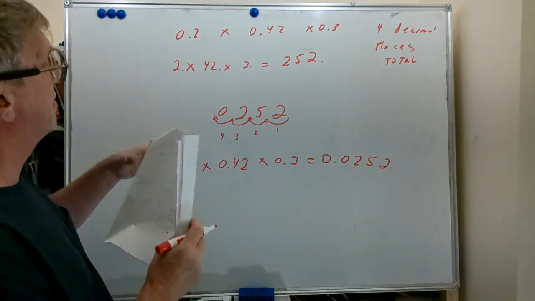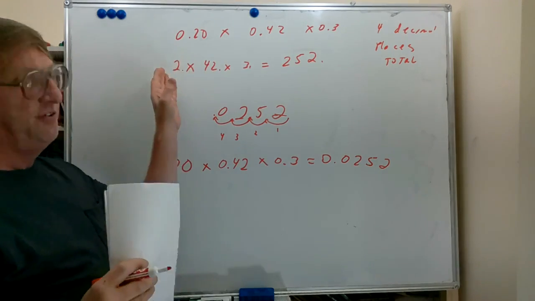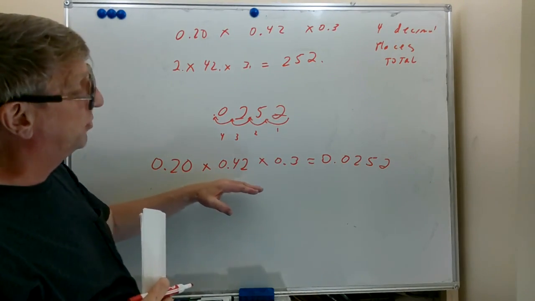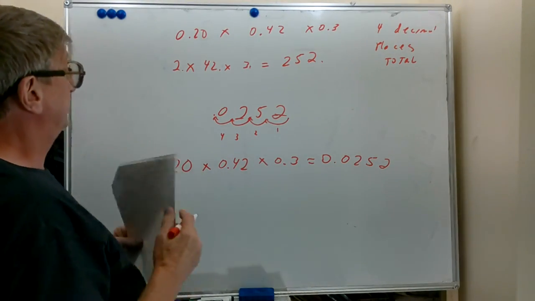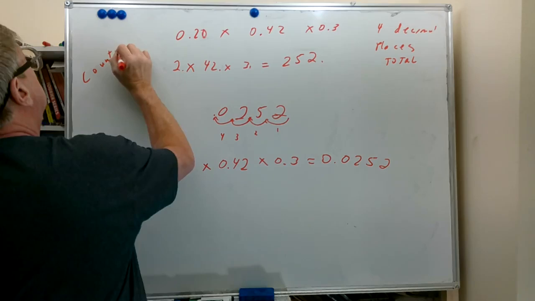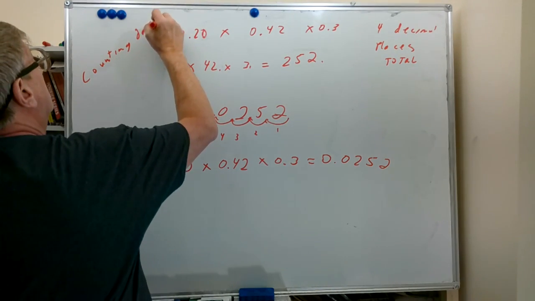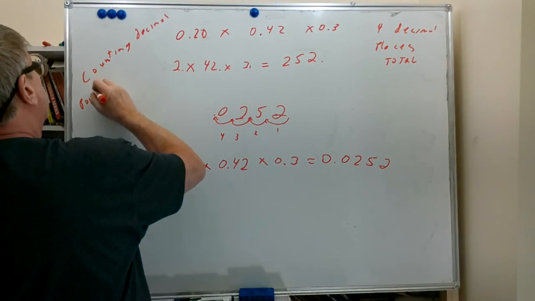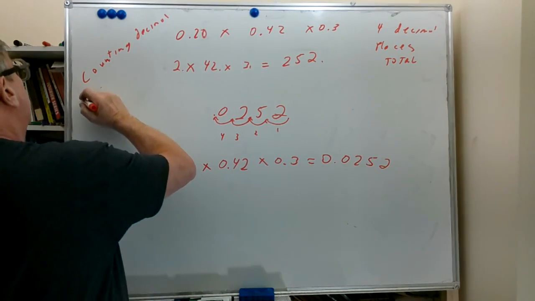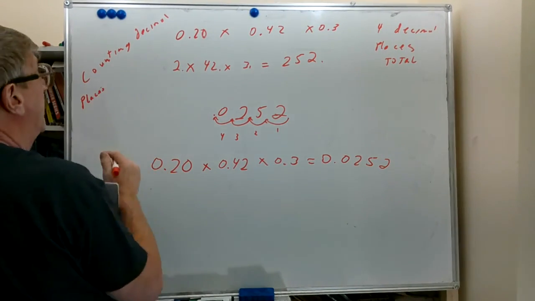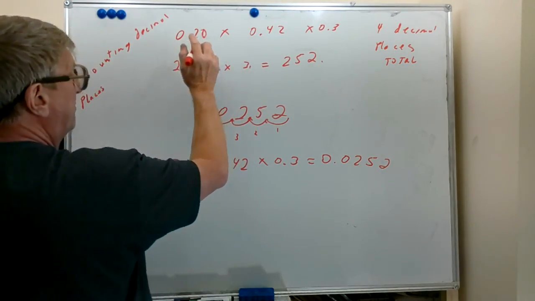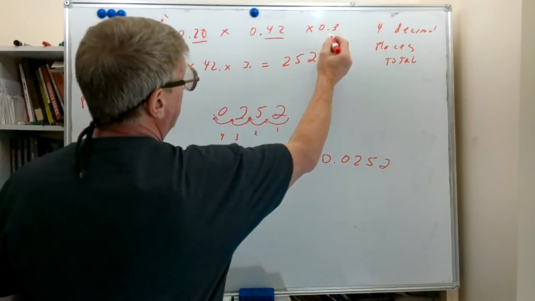Now I erased the 0 up here originally just to make it easier to keep track of counting our decimal places. I put it back in here so it looked more like the original problem. And what it amounts to is counting decimal places. We're talking about the fractional portion, which is the portion to the right of the decimal point.